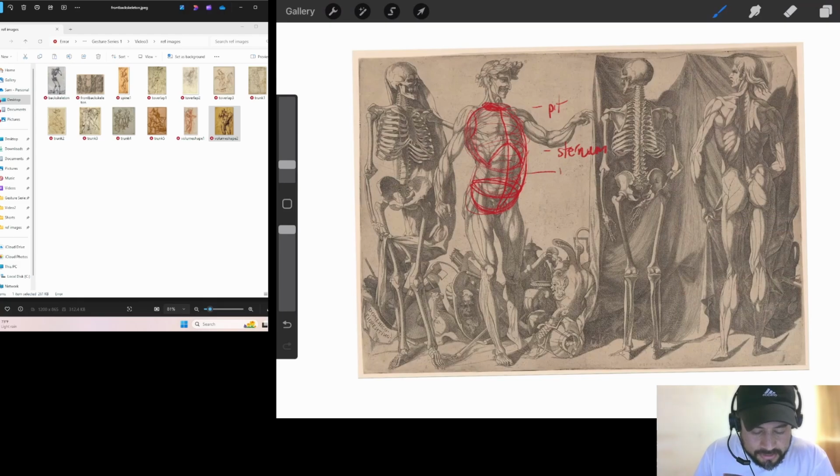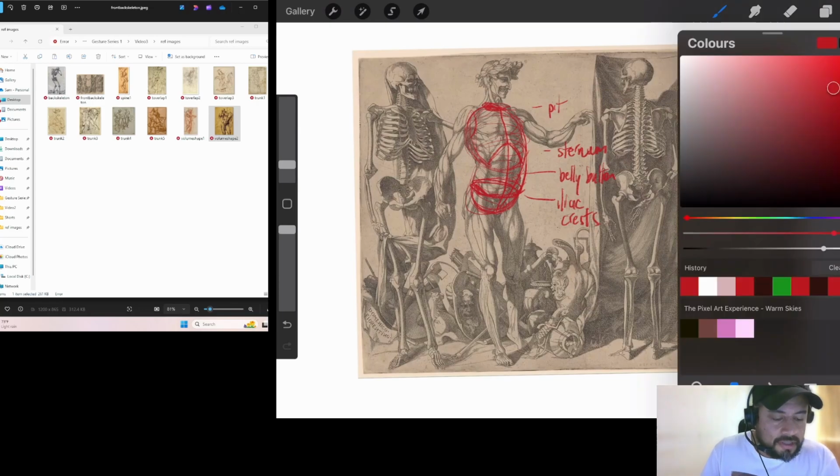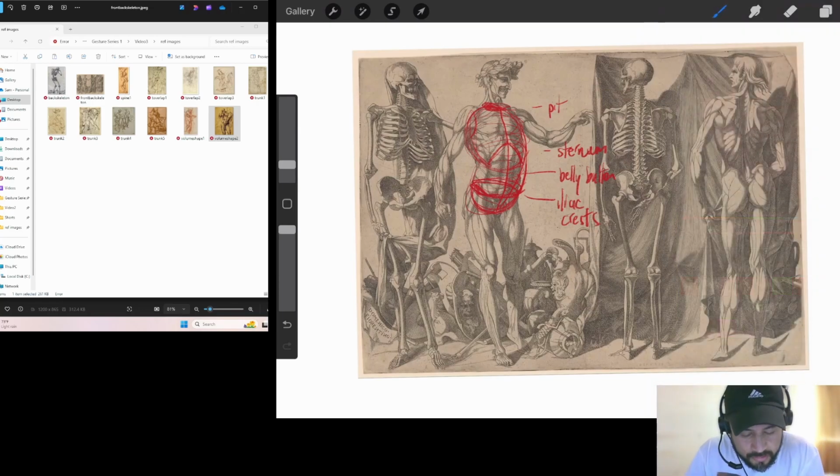We've got a belly button, and we've got these crests that sit on top of the pelvis. So they're called iliac crests. And with white, I'll point out exactly where these points are.